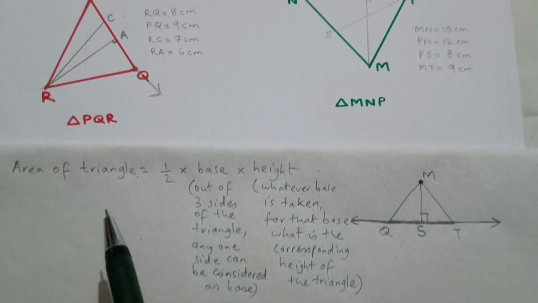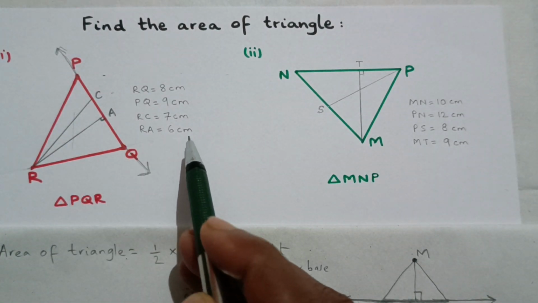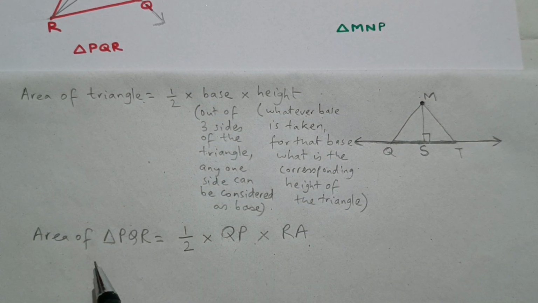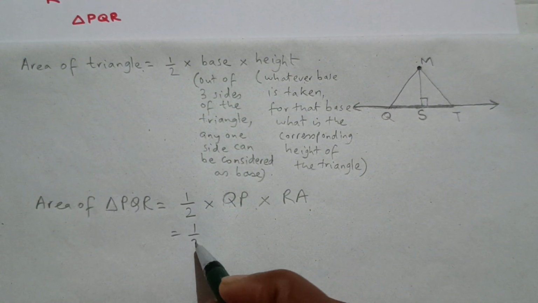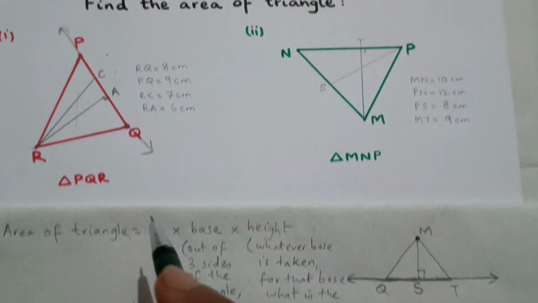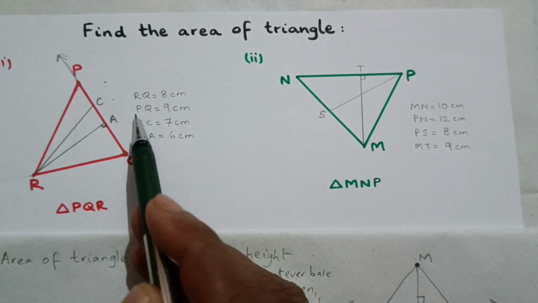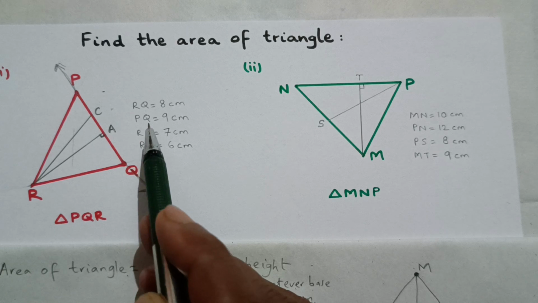And is the measure of RA given to us? RA is 6 centimeter. Yes, the measure of RA is also given to us. So now we will substitute the values and find the area of triangle PQR. So half into QP. QP is 9 centimeter. PQ is 9 centimeter, so PQ means QP.